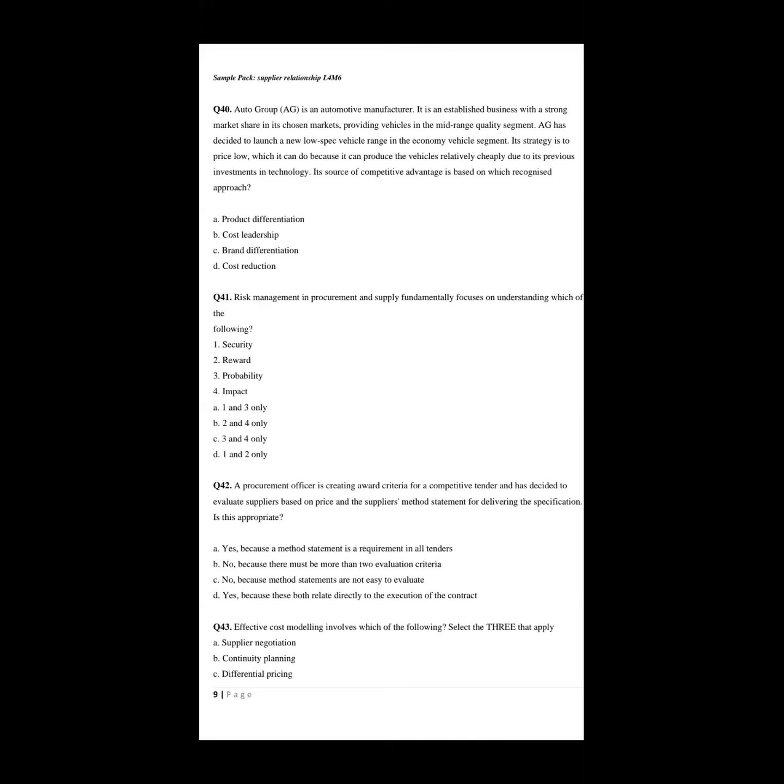It is an established business with a strong market share in its chosen markets, providing vehicles in the mid-range quality segment. AG has decided to launch a new low-spec vehicle range in the economy vehicle segment.